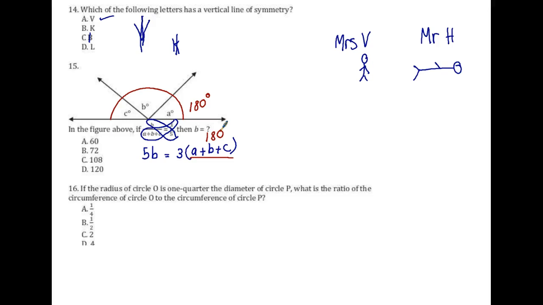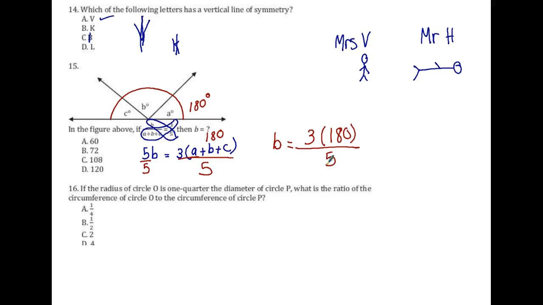Okay? Now, if I use inverse operation, I can divide both sides by 5. So, B equals 3 times 180 divided by 5.